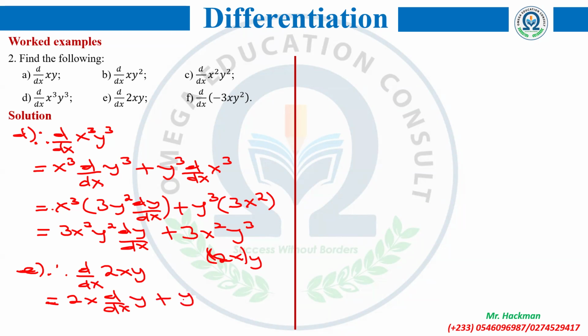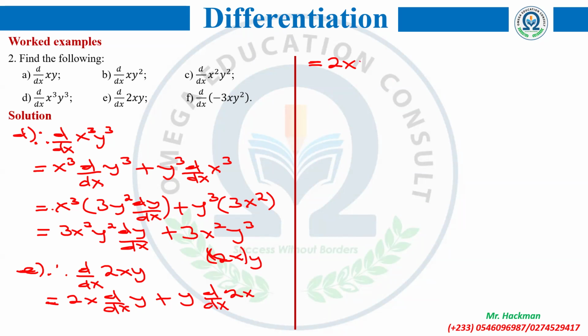Hold your second factor, then differentiate your first factor. What's our first factor? 2x. All correct, my professors. Very good. So on that note, this is equal to: first factor held, 2x, d dx of y.